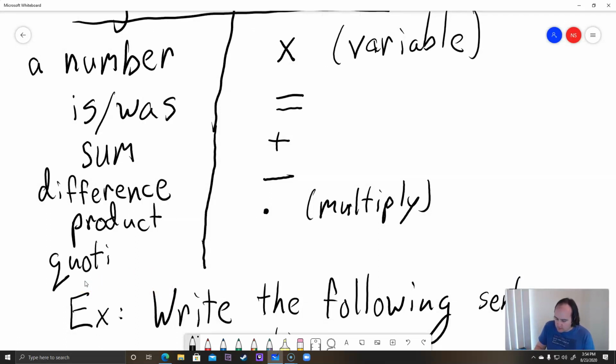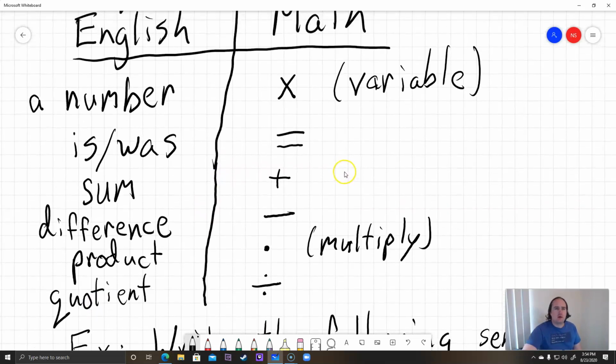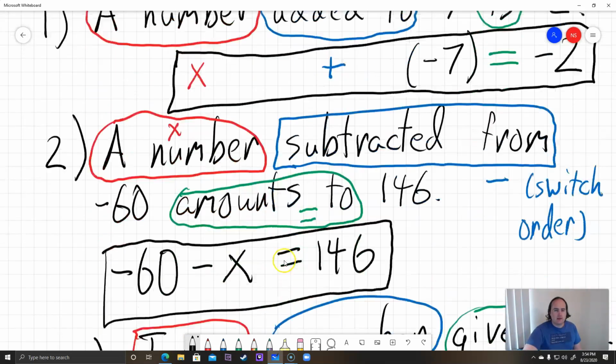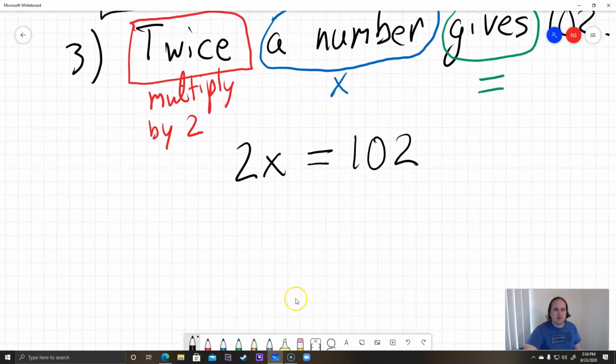Quotient means divide. So obviously there are a lot more words that I could put in this table, but these are the most important ones. So a number translates as x, is or was translates as equals, sum translates as plus, difference translates as minus, product translates as multiply, and quotient translates as divide. Okay? So that's some more of that table to fill in for us.